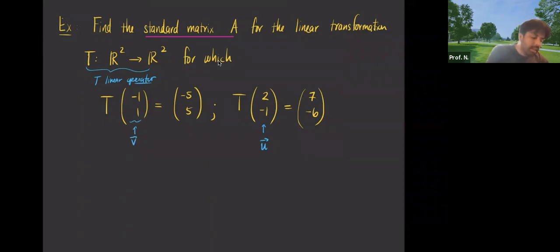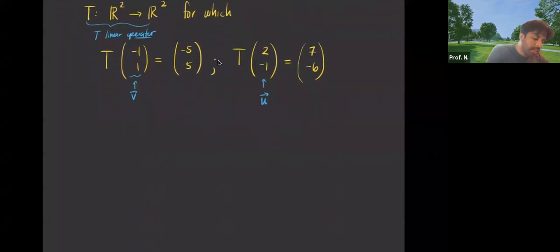So the idea is there has to be a way to express V as a linear combination of E1 and E2.